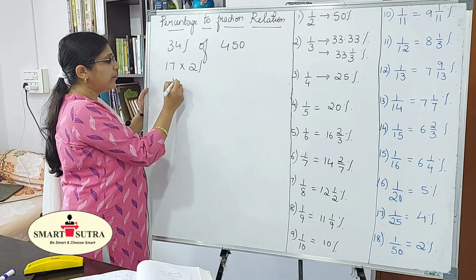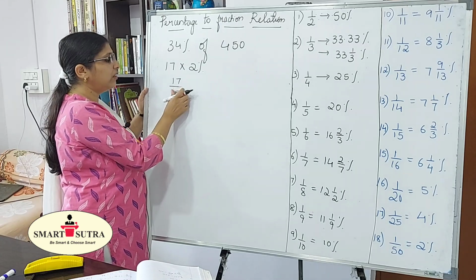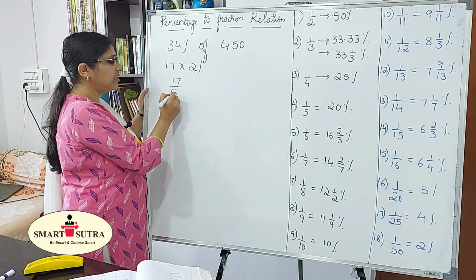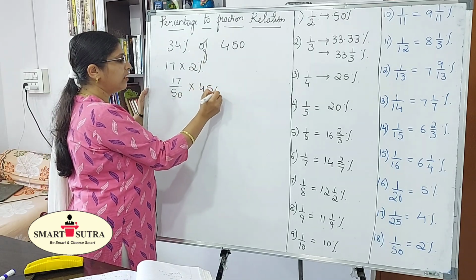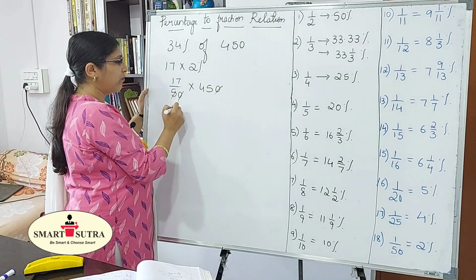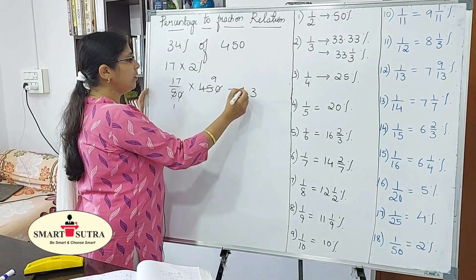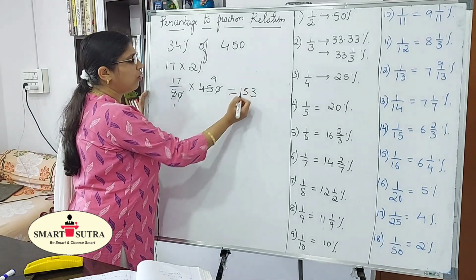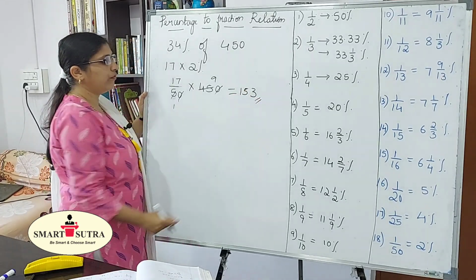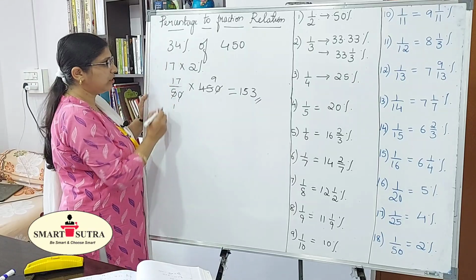So I can say it is 17 by 50, multiplied with 1 by 50. That means it is 17 by 50 directly into 450. We can write here, 50 nines are 450, 17 nines will be 153. So, 34% of 450 is 153. Isn't it simple if we know the fractions?